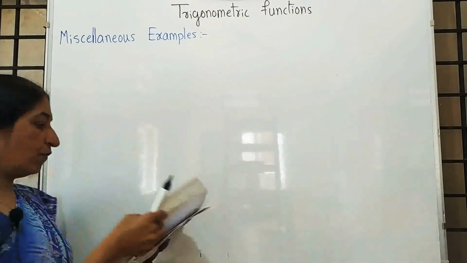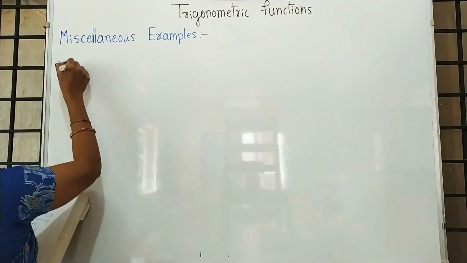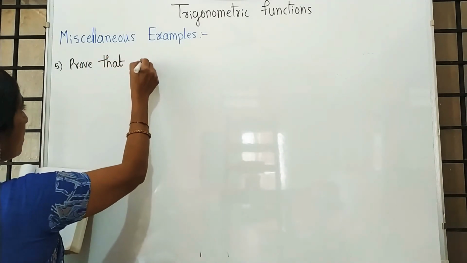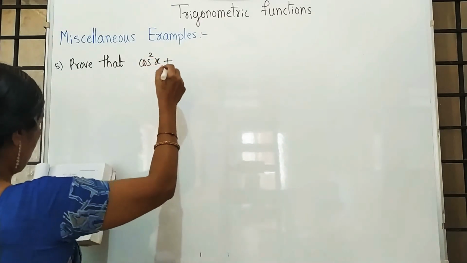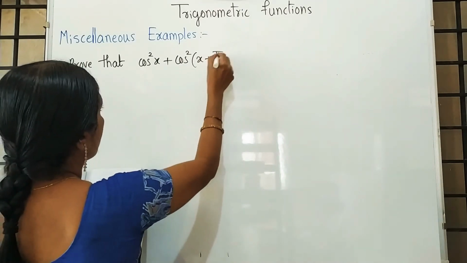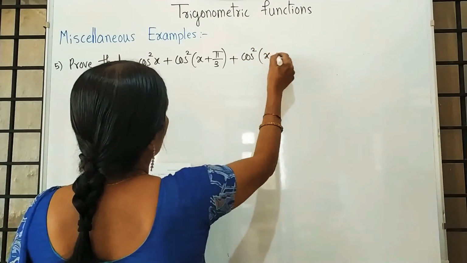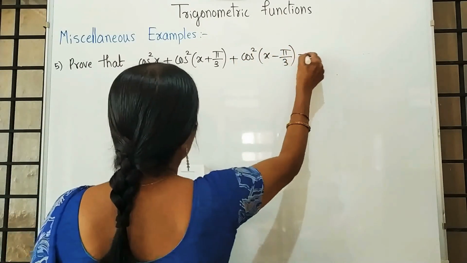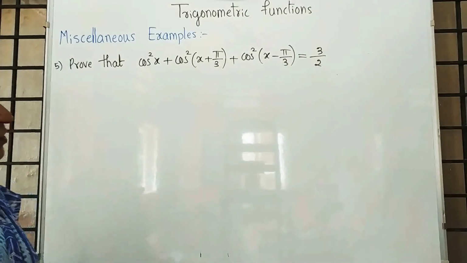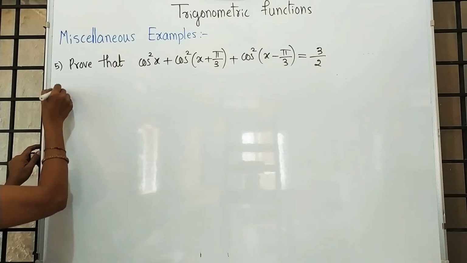Prove that cos square x plus cos square x plus pi by 3 plus cos square x minus pi by 3 is equal to 3 by 2. So, first write down the LHS.